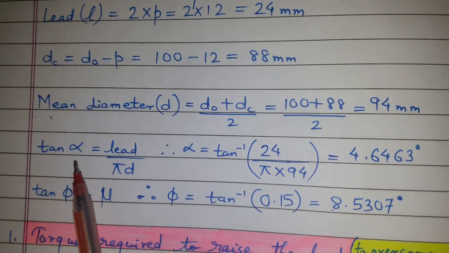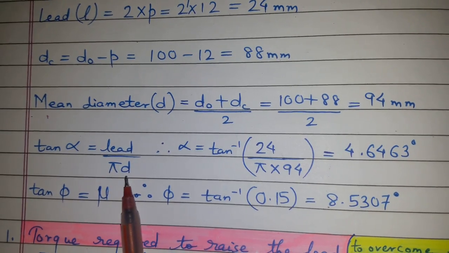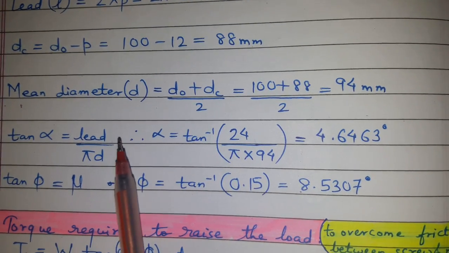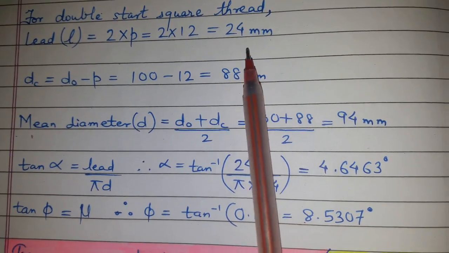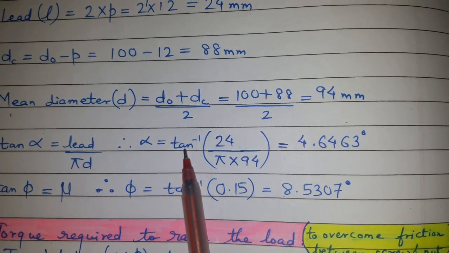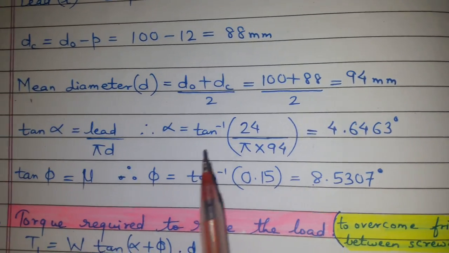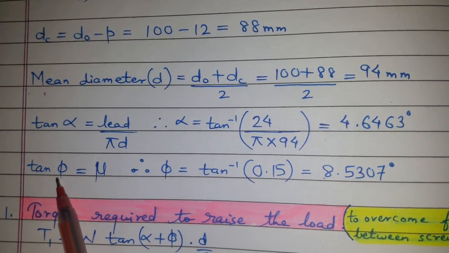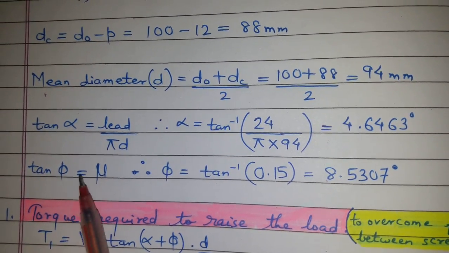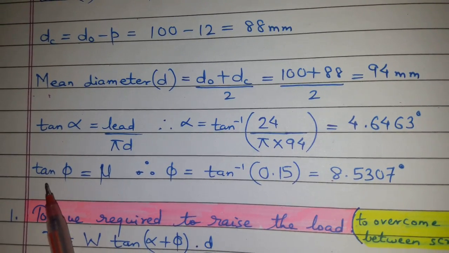To find alpha, we will use the formula tan alpha is equal to lead upon pi D. Since we know the lead which we have calculated and we now have the mean diameter, we can get alpha. Here we got alpha as 4.6463 degrees. Now to find phi, we know that mu, that is the coefficient of friction, is equal to tan phi.